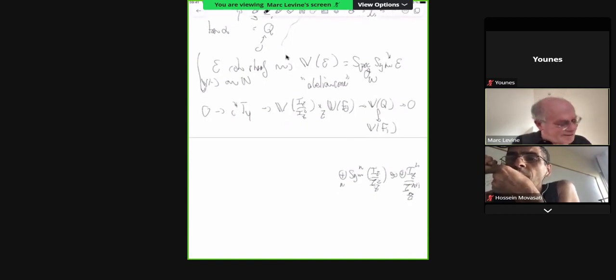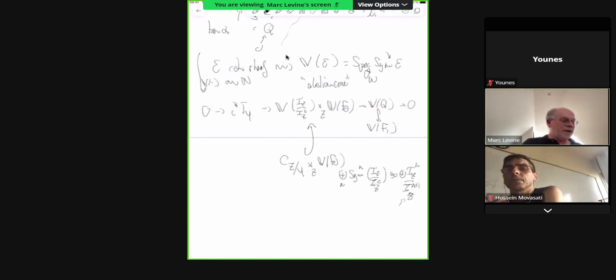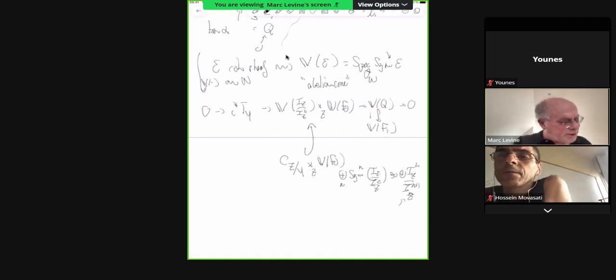Sorry for splitting the pages. You have a closed immersion of Spec of this thing, which is your cone, and of course you have cross this V of F0. Okay, so you have this closed immersion and this closed immersion. And it turns out you can show that this is now a subbundle of this cone. The restriction of the tangent bundle is a subbundle, and this inclusion actually factors through an inclusion into this fiber product. So you can show this.